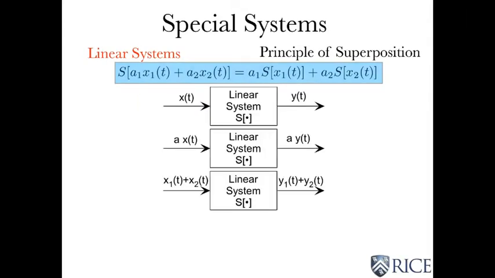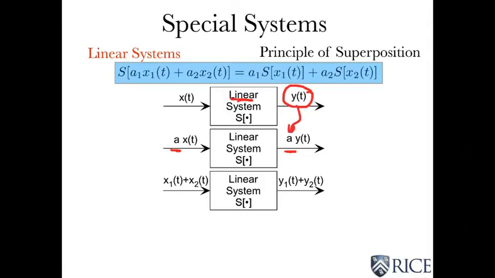So here are some special cases of the linear system. Let's assume that the linear system here, S, is linear. If you multiply the input by a number, you change its amplitude, well, the output is going to be the output you had before multiplied by the same gain factor.